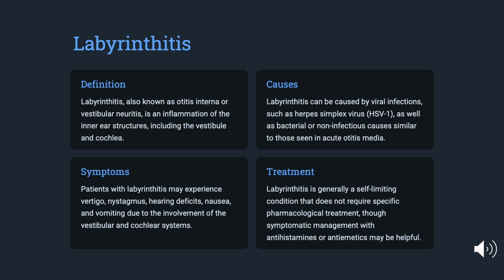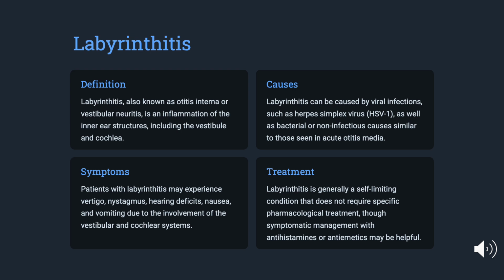Labyrinthitis, also known as otitis interna or vestibular neuritis, entails inflammation of inner ear structures like the vestibule and cochlea. This condition can be triggered by viral infections, such as herpes simplex virus, HSV1, or bacterial and non-infectious factors akin to those in acute otitis media.